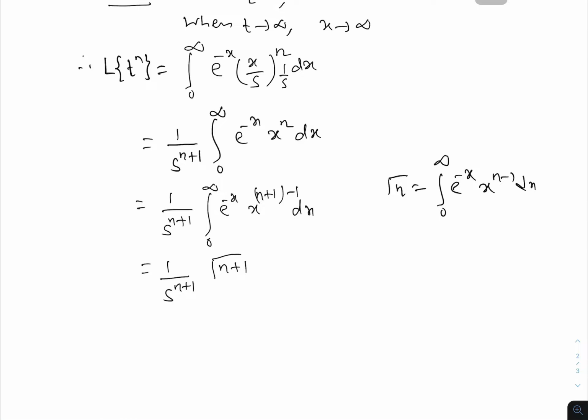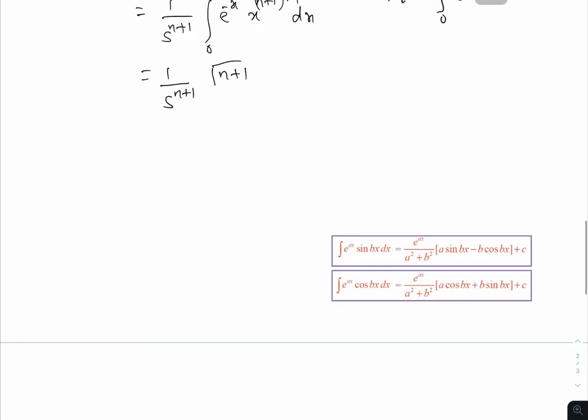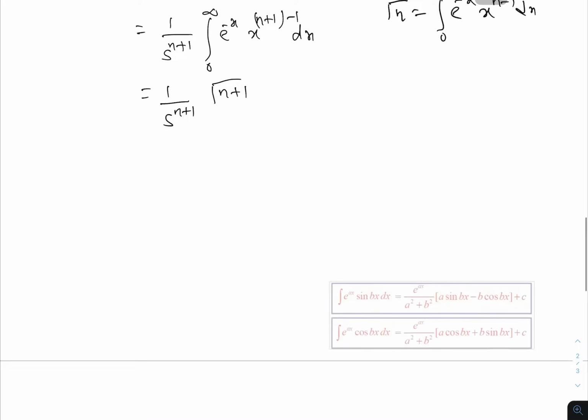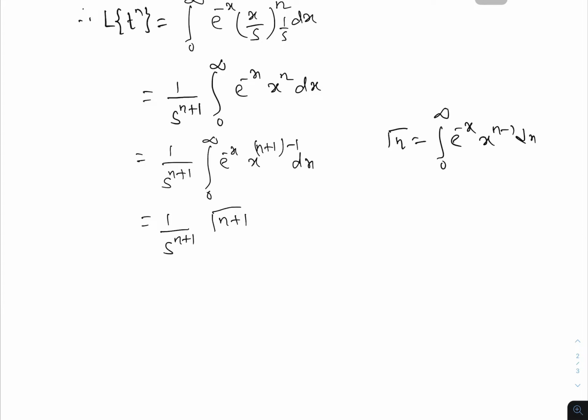One more thing: gamma n plus 1 is nothing but n factorial when n is a positive integer. So if n is an integer, we can also write it as n factorial upon s power n plus 1.